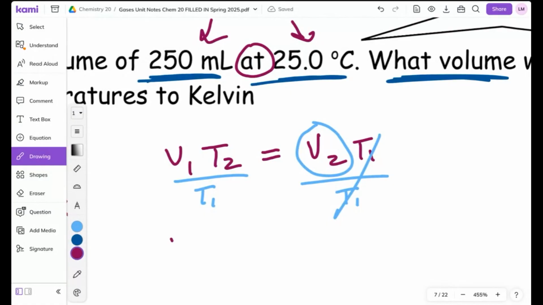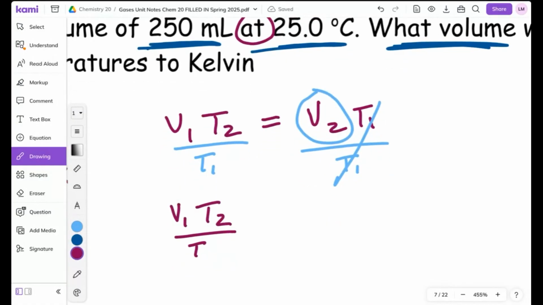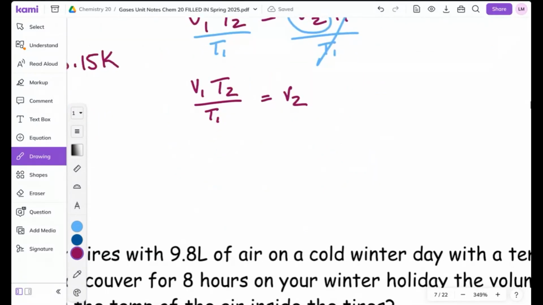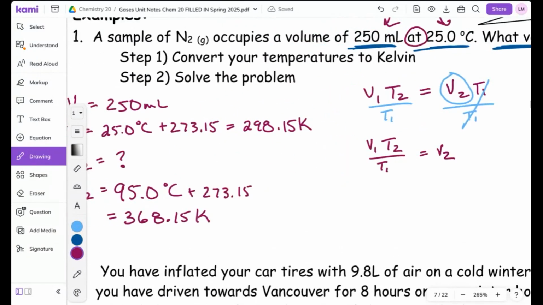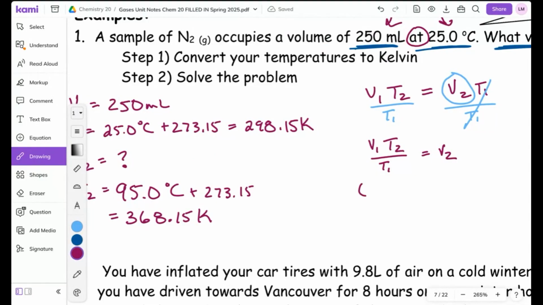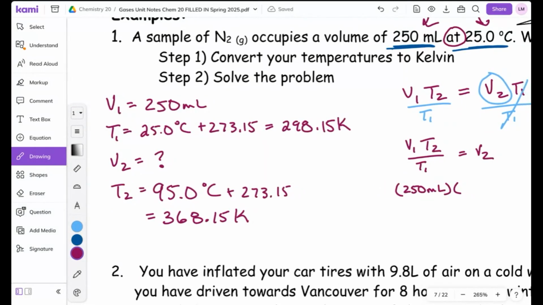So then if I write this all nice, neat, and pretty, we have V1 times T2 divided by T1 is equal to V2. Now at this point, I can plug in all my numbers. So 250 milliliters times T2, which was 368.15 Kelvin, divided by 298.15 Kelvin.